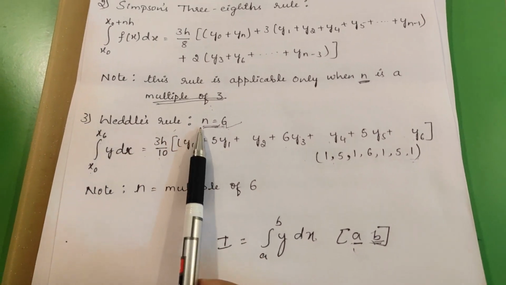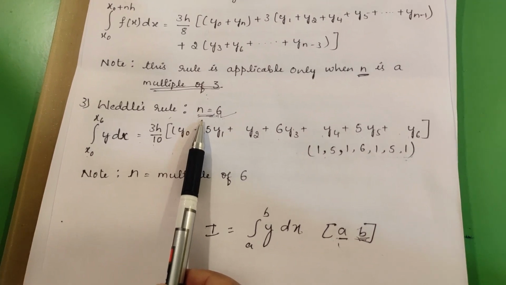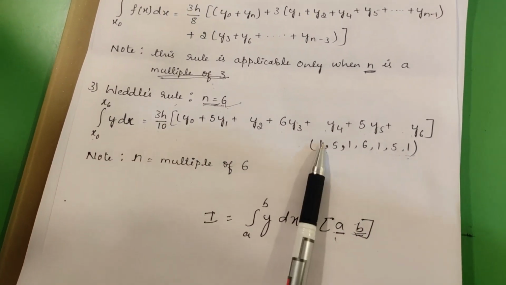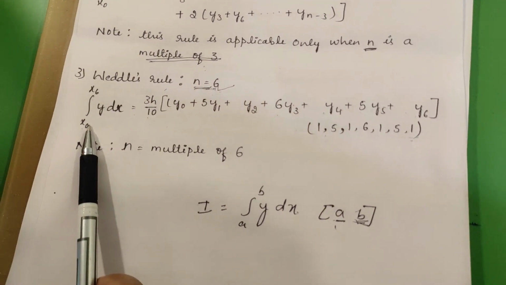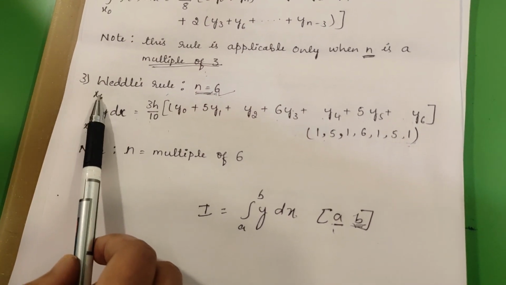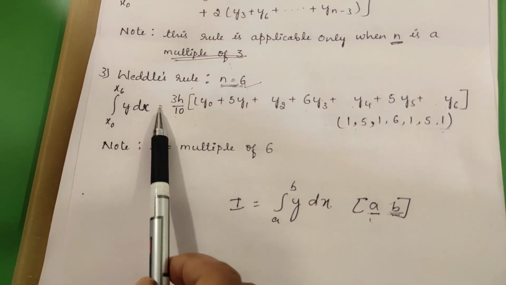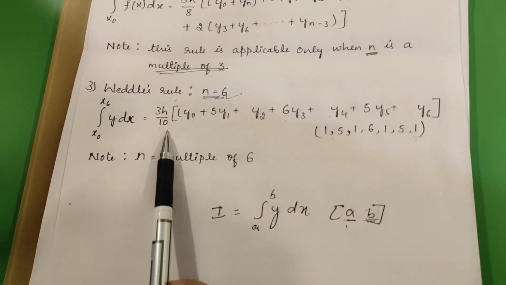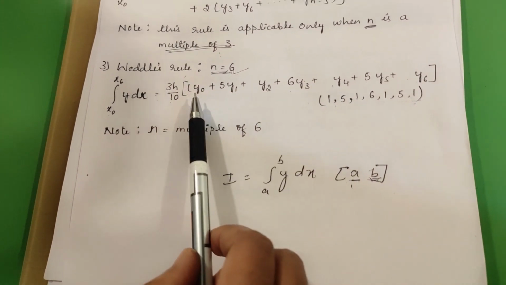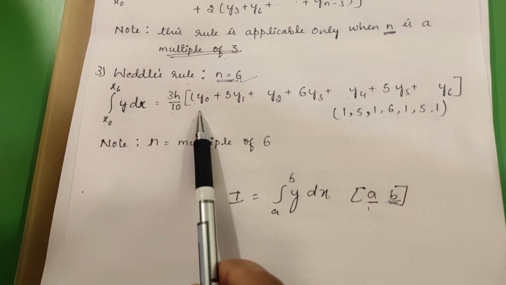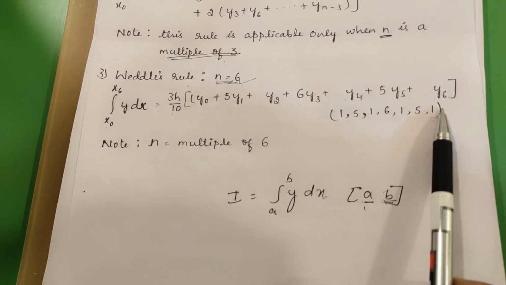Next, the last method, Weddle's rule. This rule is defined for multiples of 6, but for your syllabus, when n is 6 this is sufficient. I'll explain the formula. Integration from x0 to x6, directly taken x6 because I have taken n as 6, of y dx is equal to 3h by 10 of y0 plus y1 plus y2 plus y3 plus y4 plus y5 plus y6.